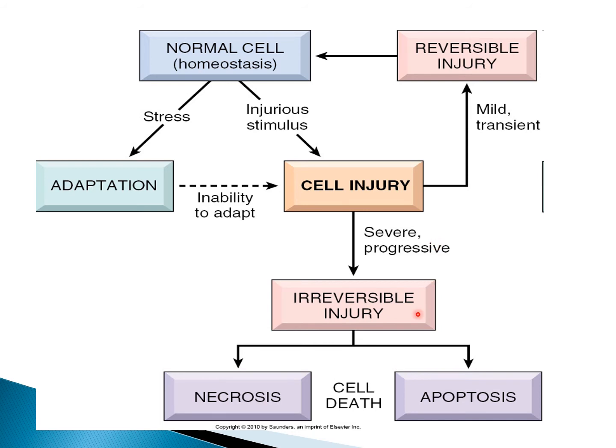From its name, it's the point of no return. The cell cannot go back to normal, even if the injurious stimulus abates. And irreversible injury is a synonym of cell death. So irreversible injury equals cell death, which can be reached in two ways. The first one is called necrosis, and the second one is called apoptosis.